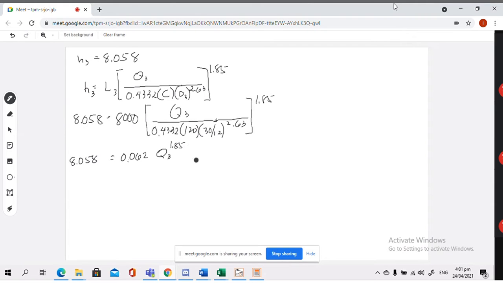So simplifying, you will have Q3 equal to 13.887.